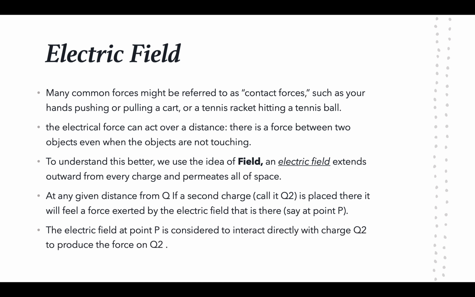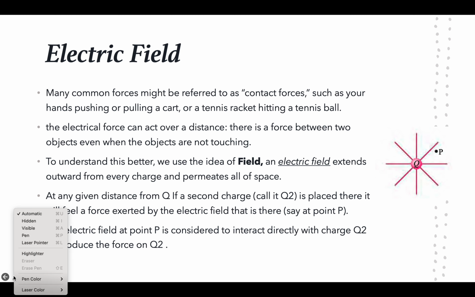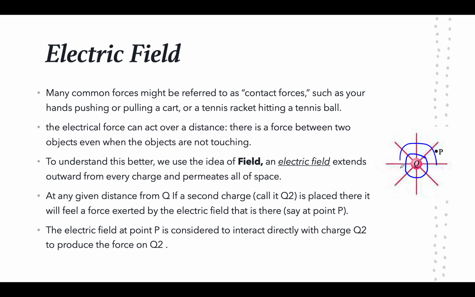So the electric field at point P is considered to interact directly with a charge Q2 to produce the force on Q2. So here we have a charge, and everywhere around the charge it radiates kind of like energy, like a force, right?